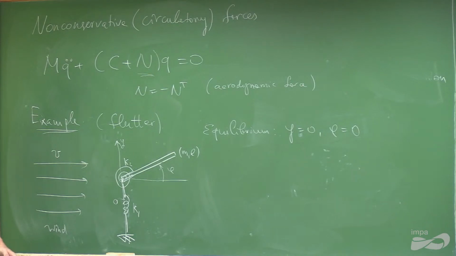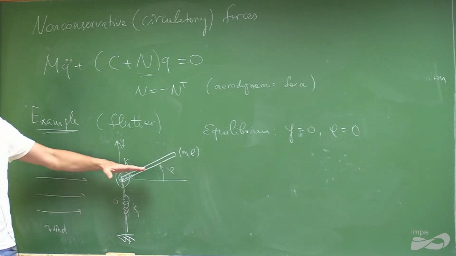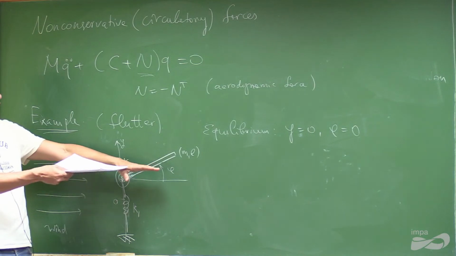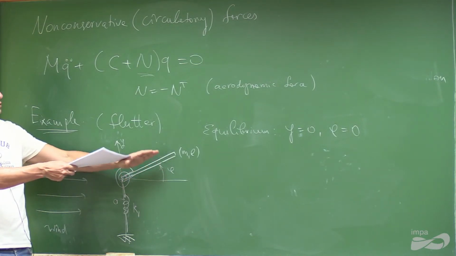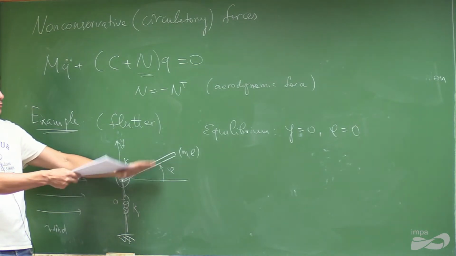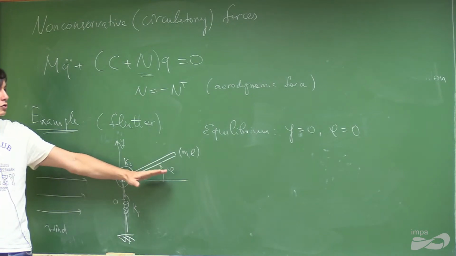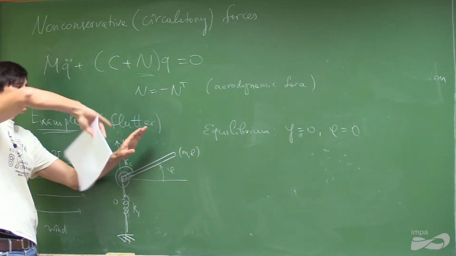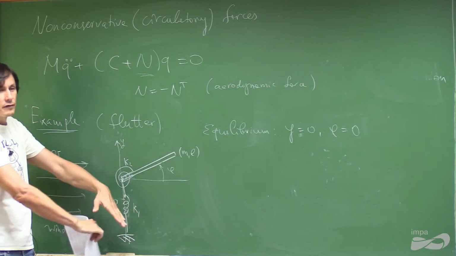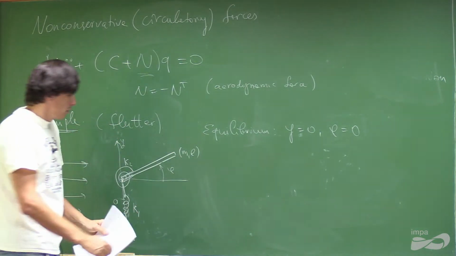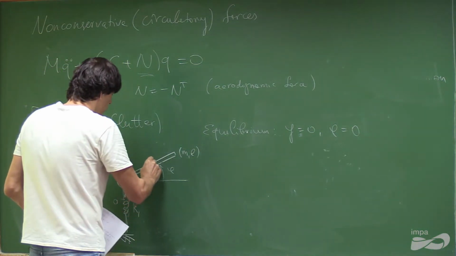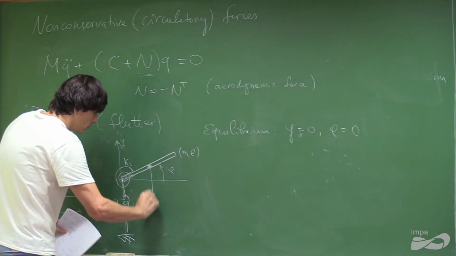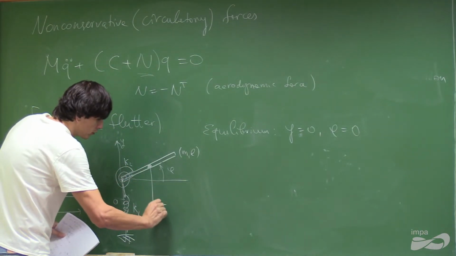So we will use a simple model which just tells you that there is no force if it's straight. So it means that the force can be taken proportional to angle. If angle is positive, the force is pushing down. If negative, force pushing up. So we take a force, we put it straight in the middle, and call it aerodynamic force.